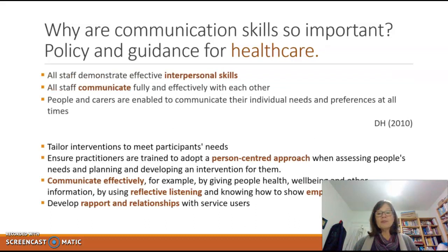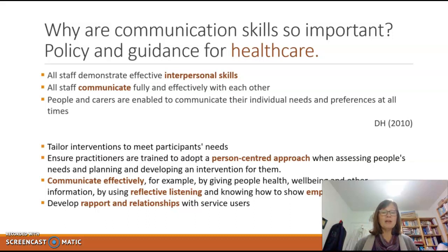So this is looking at the Essence of Care benchmarks for communication, which is quite old now. It's 12, 13 years old. But the principles have not changed. Those guides are still very much current and relevant. And it's saying that all staff need to demonstrate effective interpersonal skills.